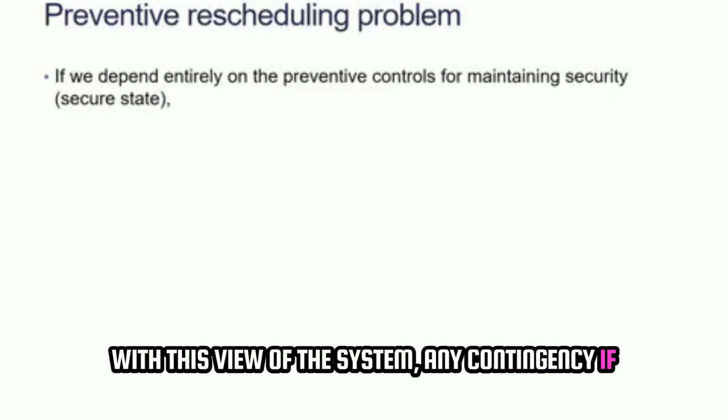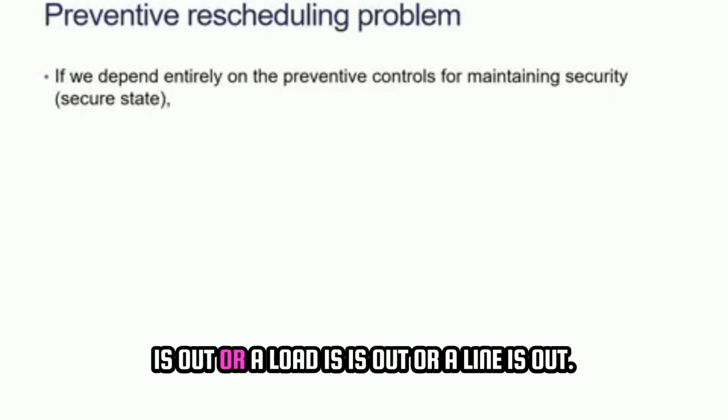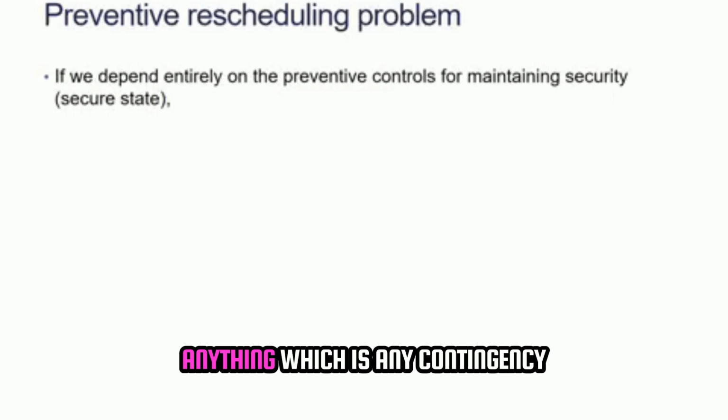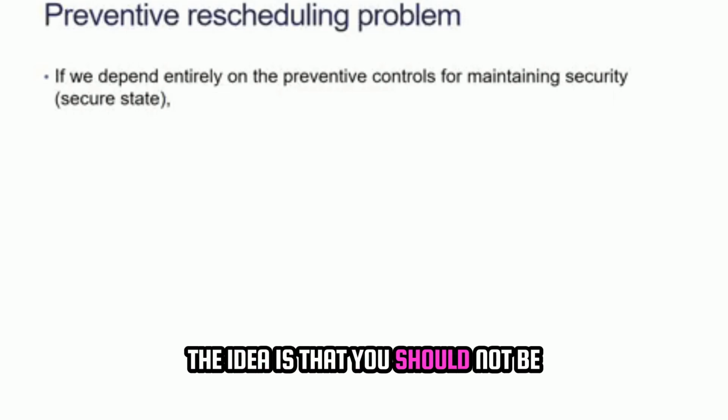With this view of the system, if any contingency takes place, either a generator is out or a load is out or a line is out, the idea is that you should not be required to change the generation schedule beyond its ramp limit.